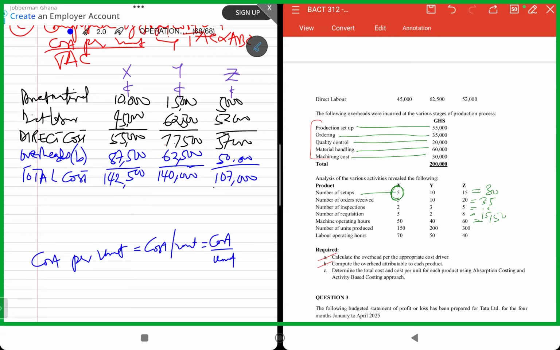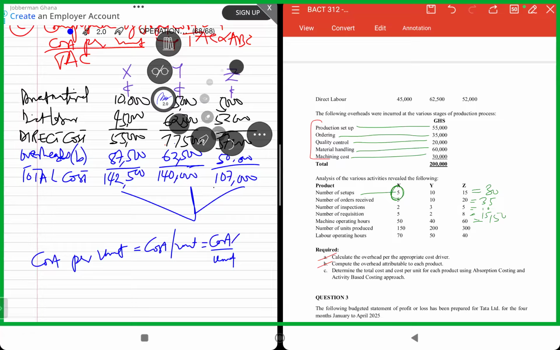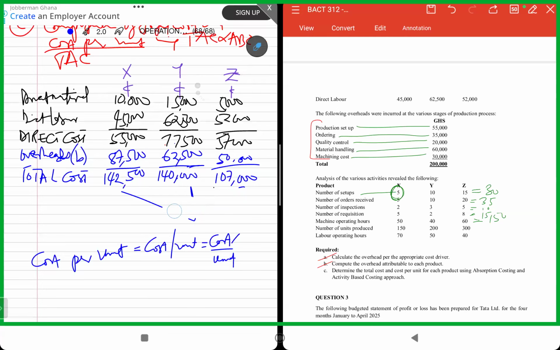So, do we have the total cost? Do you have the cost of each of the products? Yes, that's the total cost. These ones are the costs. Do we have the units in the solution we are solving?